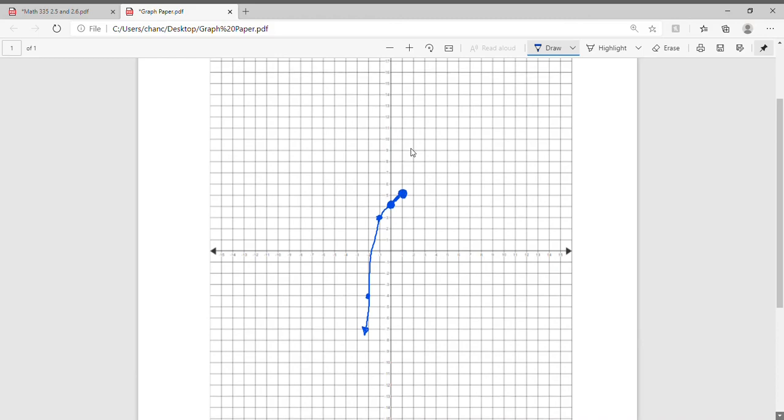Next we'll plot 2, 3, and 3, -1. If you want a better graph, you can do more points, but this is good enough for us. Here is the graph of our piecewise function. Notice also it is continuous everywhere because all of the holes are filled in.